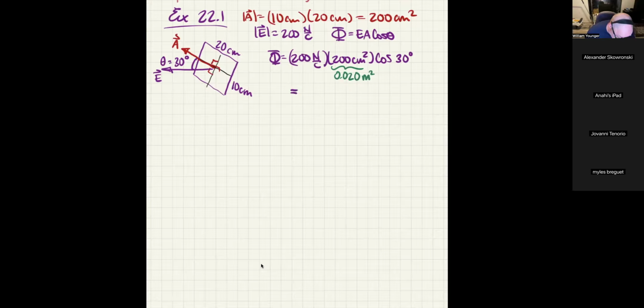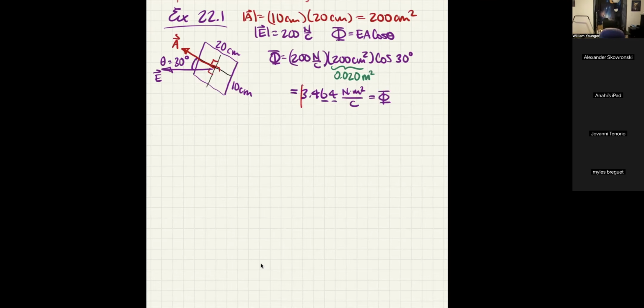That gives me 3.464, and the units are Newton meter squared per coulomb. And of course, we only had at best two sig figs, so I should probably underline the 6 and the 4 and realize that this is the electric flux that we're trying to calculate.